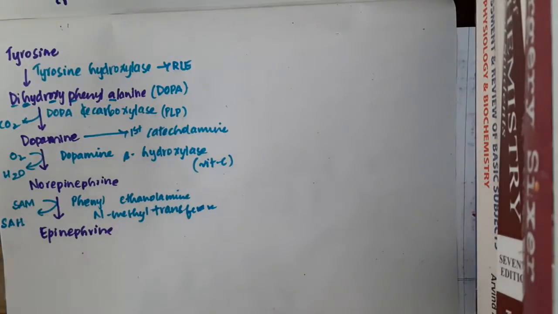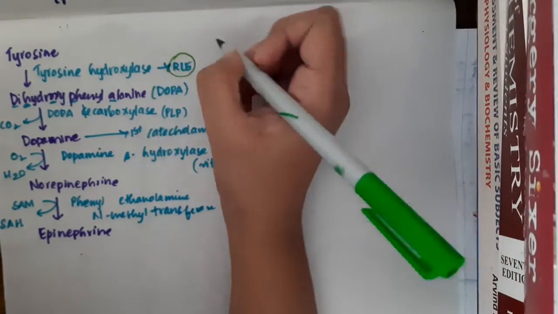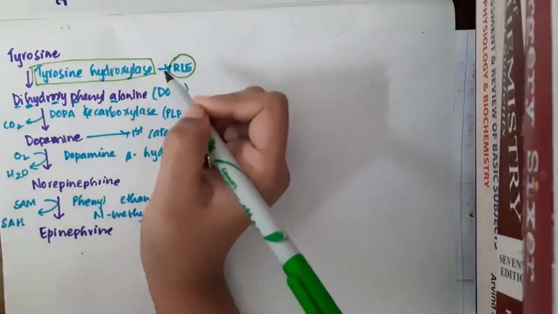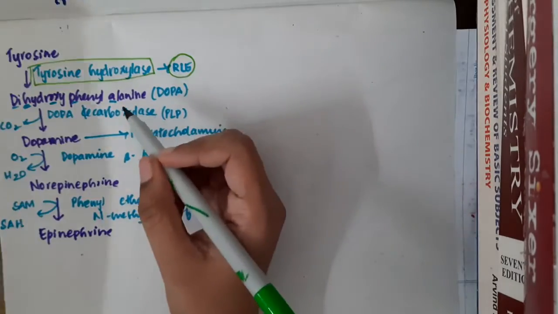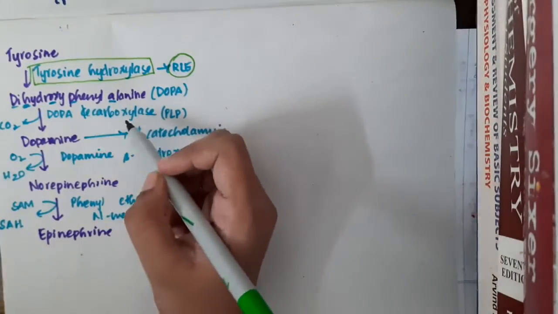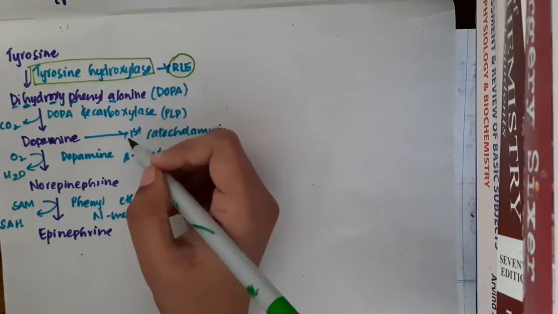Remembering these enzymes may be difficult, but you should remember this enzyme, which is very important. Tyrosine hydroxylase is the rate limiting enzyme, and this converts tyrosine to dihydroxyphenylalanine. Then this dihydroxyphenylalanine, in the presence of DOPA decarboxylase, forms dopamine.